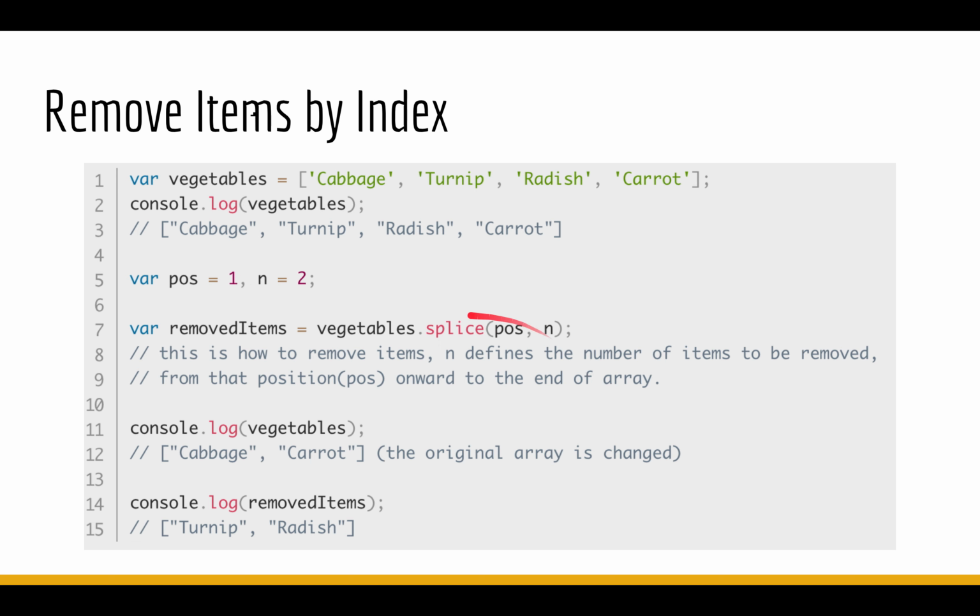FindIndex is another pretty useful thing. This is what I alluded to earlier with the indexOf operator. This is a different way of doing it, except instead of passing in a literal item that we're going to search for, we're going to pass in a function that will evaluate to true, and whenever that function evaluates to true, it's going to return the index at which it evaluates to true.